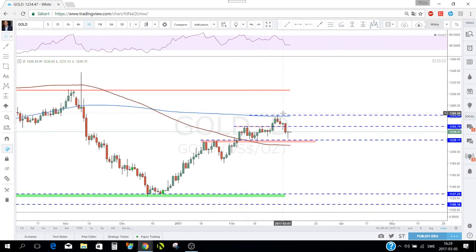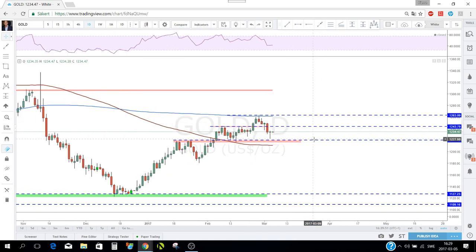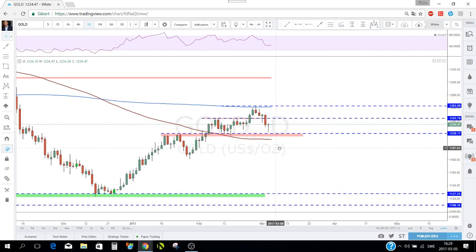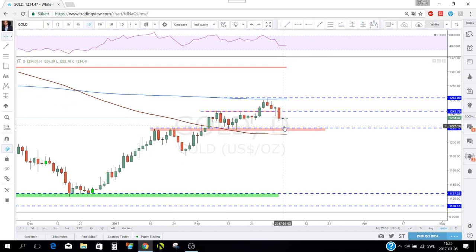As you see, we got rejected, and price did break these highs here and went back in this range, and as you see here on Friday, we found support at this level, and price got rejected back up.